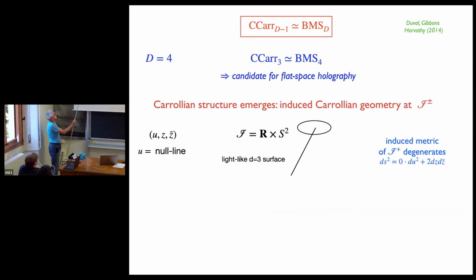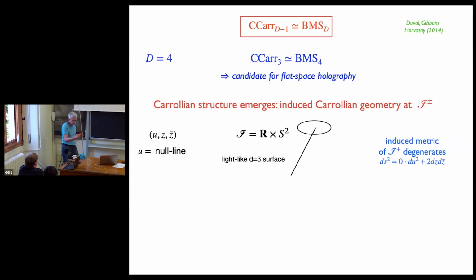That's the important point why this Carrollian geometry might serve as a holographic description of gravity, because of the BMS group in 4 dimensions, which we investigated before on the celestial sphere.